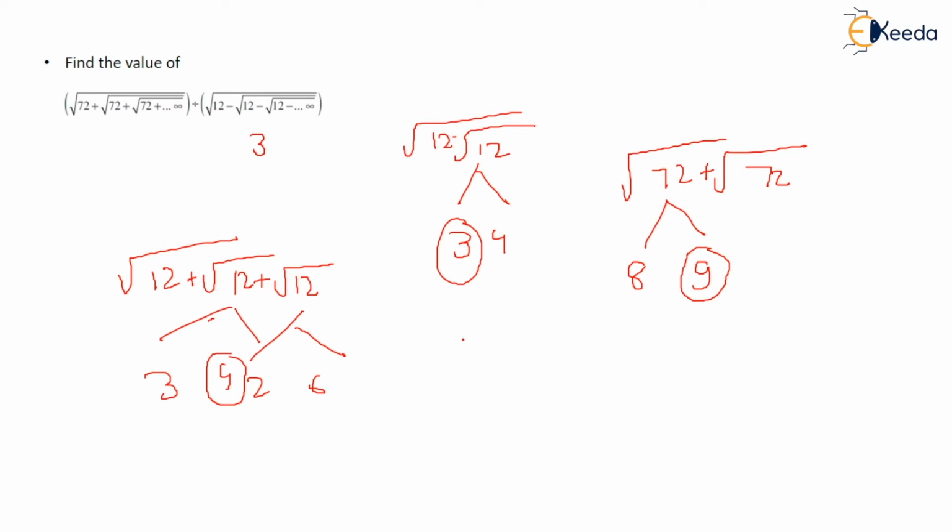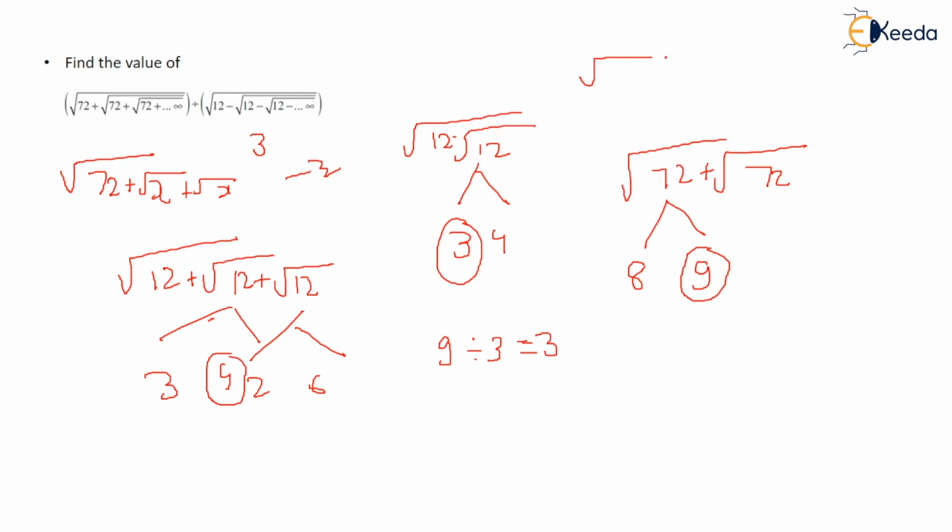Okay, so if you divide 9 by 3, this comes out to be 3, right? Otherwise, what do they give you in your books? They take 72 plus, they take it as x, then square it all, and that is a very long method. You will consume 2 to 3 minutes in solving that. Here you can directly find the answer.